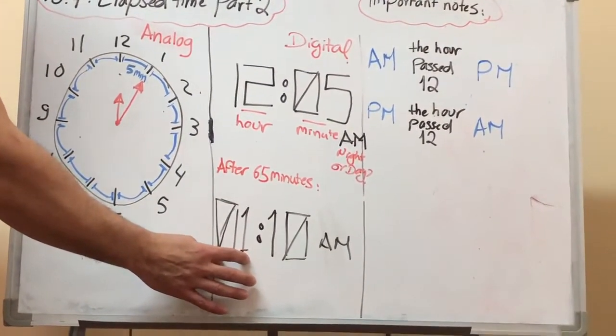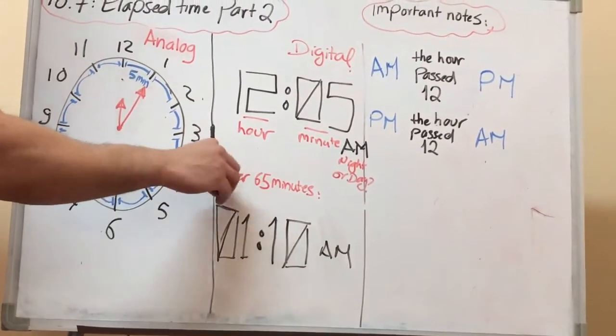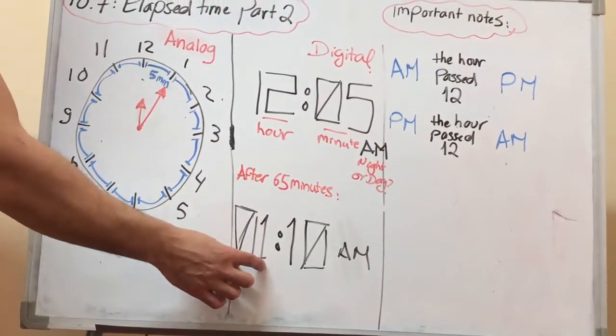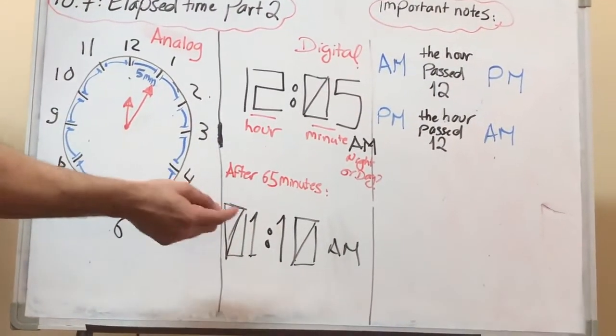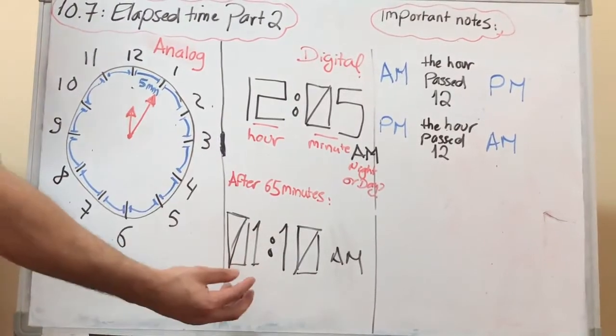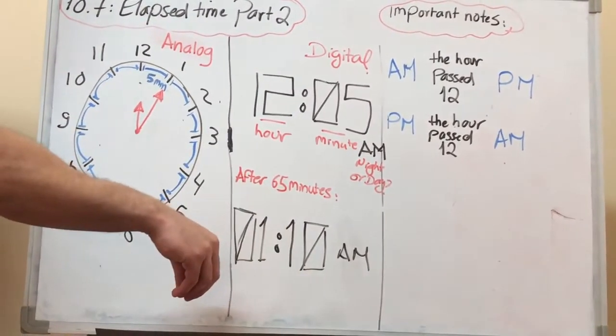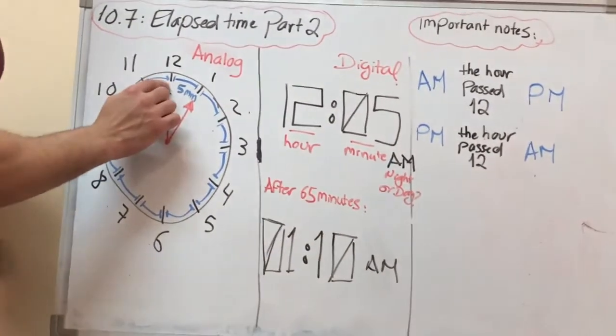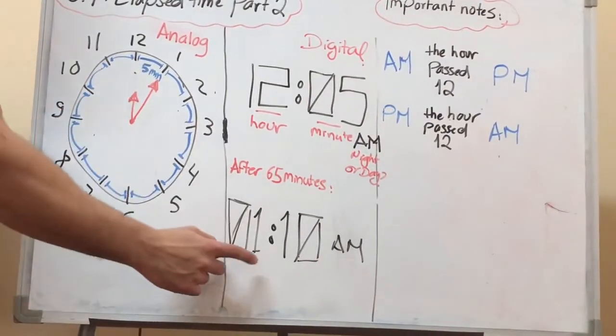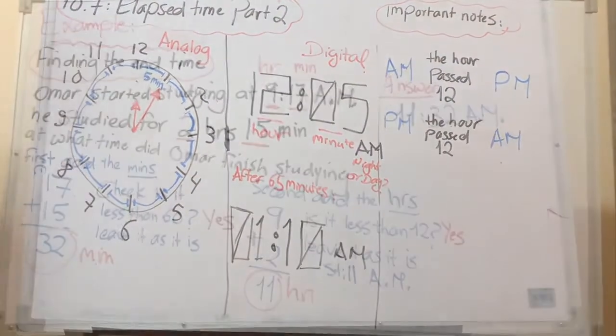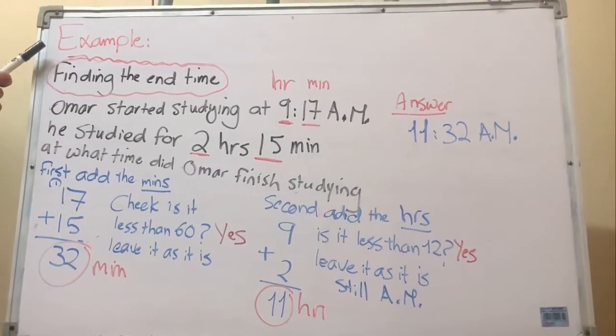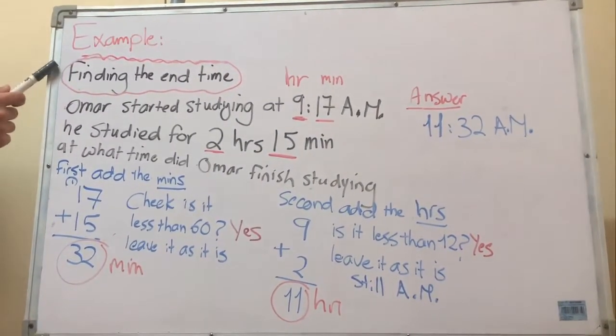Why is it 1 in the hour part? Because I took the 60 minutes and put them as a +1 in the hour part. Here I had 12. What comes after 12? 1. So I changed this one to 1. Okay, here is an example of how the questions are going to show.